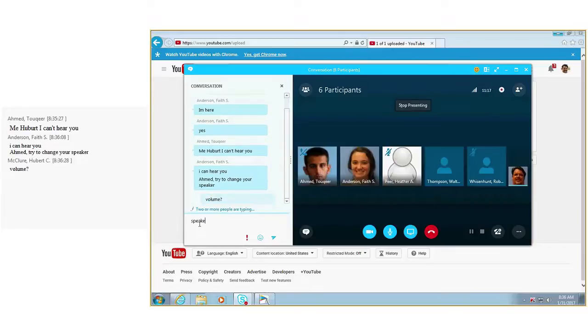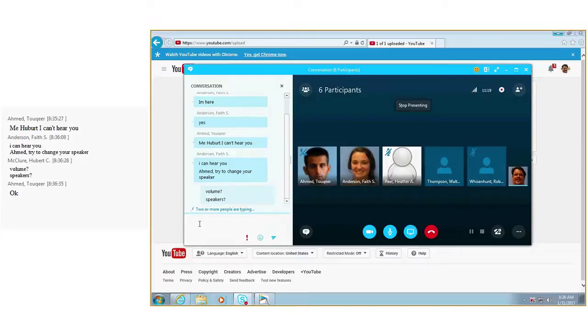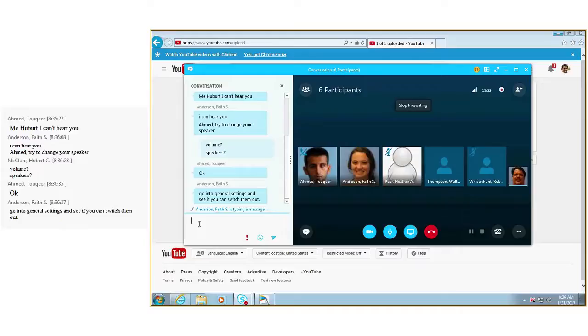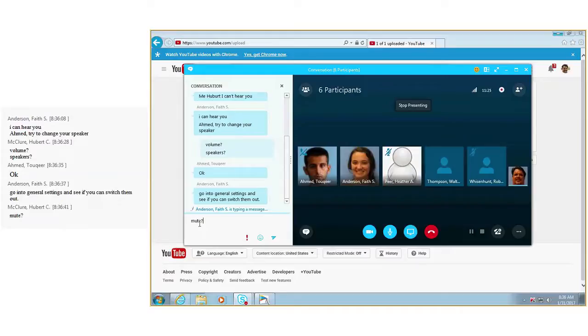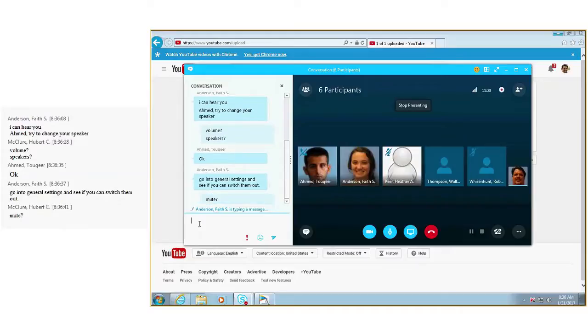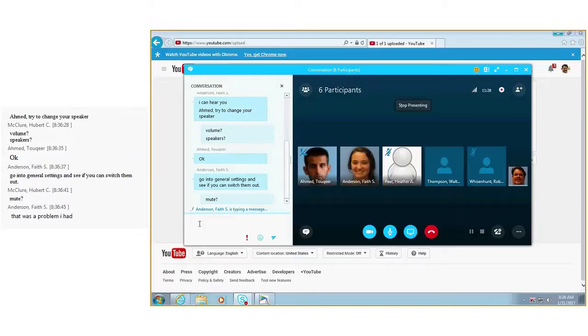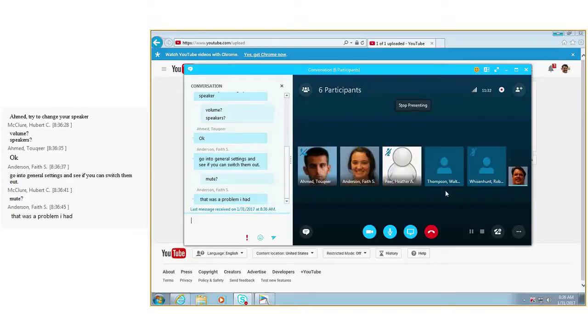Speakers. What else could it be? Could be on mute. Could be turned down all the way. Can you mute on Skype itself? Yeah, right here. You can mute your microphone.